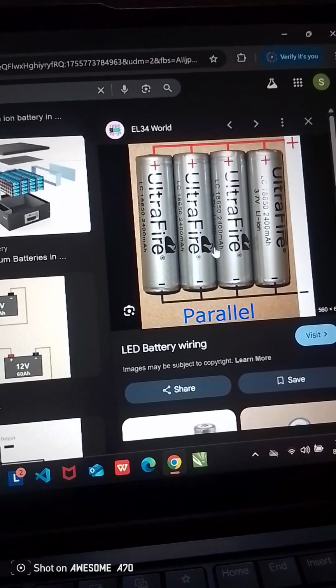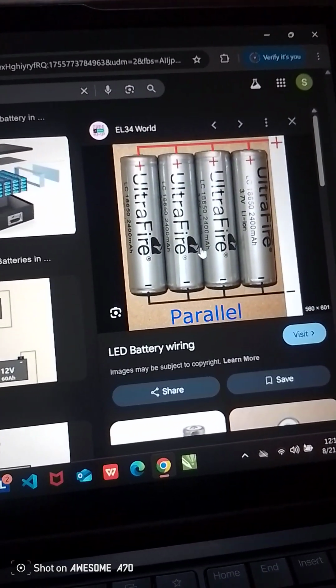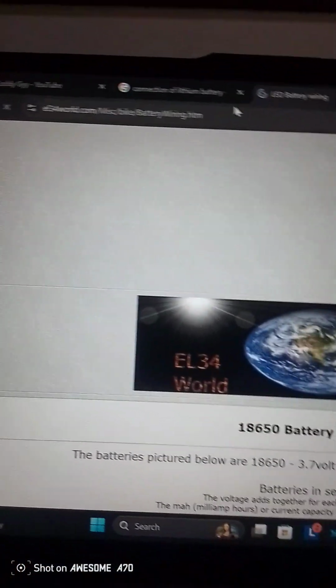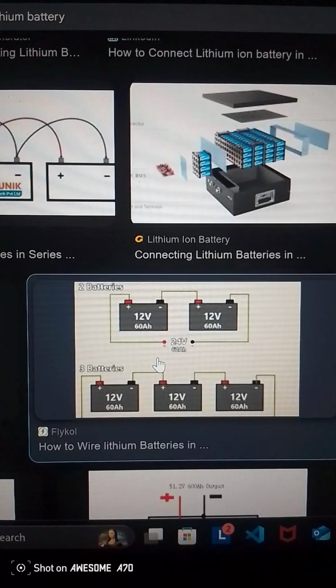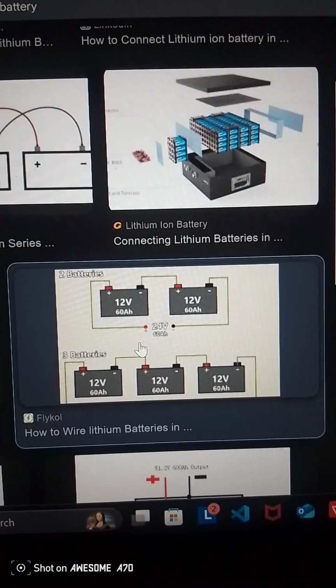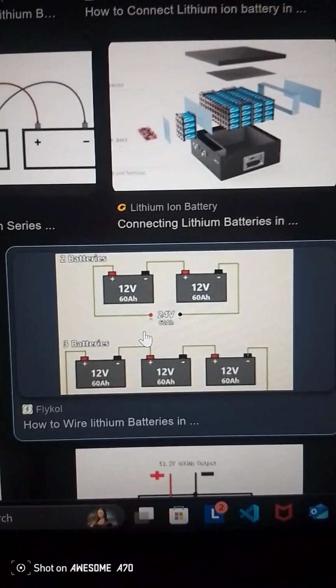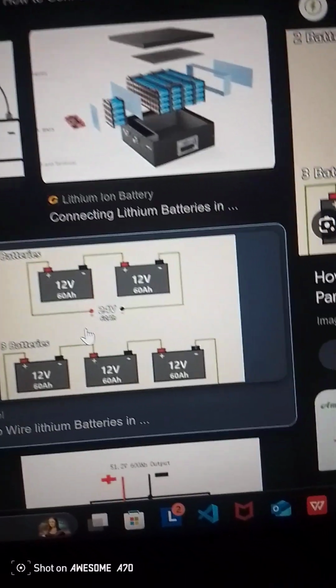But in households, it's not like this. Sometimes you boost the volts. You can see this lithium battery here, we are seeing 12 volts, right? We are seeing 12 volts here because in household solar, we normally use 12 volts, 24 volts, 48 volts.